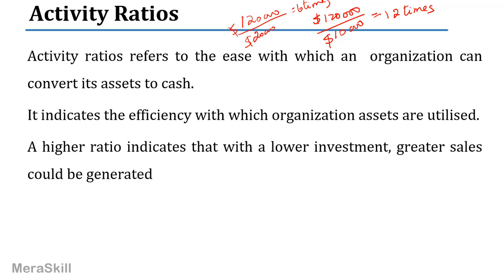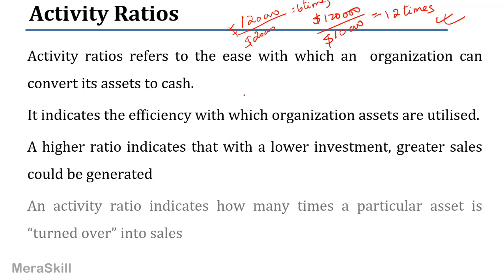The person who has generated sales with $10,000 or the person who generated the same sales with $20,000? Obviously, higher the turnover, greater is the efficiency. Follow? So an activity ratio indicates how many times a particular asset is turned over into sales. Inventory, how many times is it being turned? Cash, maybe fixed assets, maybe total assets, maybe.